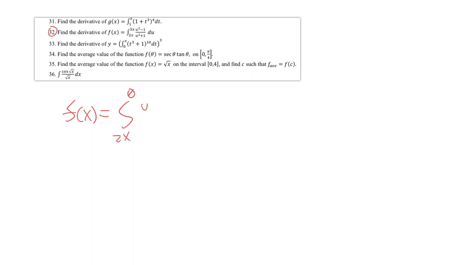And then we have u squared minus 1 over u squared plus 1 du. And then we're going to be adding with 0 on the bottom, going all the way up to 3x. So that's what you have to do when you have the variable present on the top and bottom of the bounds there.